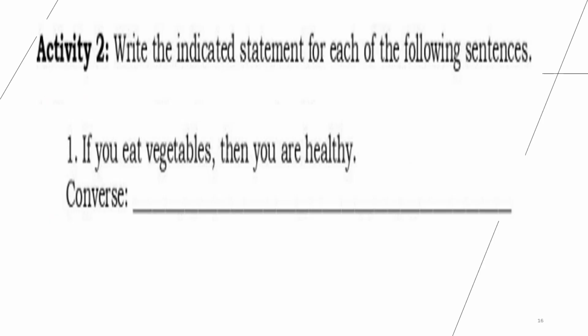Okay, next, let's go. Write the indicated statement for each of the following. If you eat vegetables, then you are healthy. If you write it in converse, the answer should be, if you are healthy, then you eat vegetables. That's the converse.